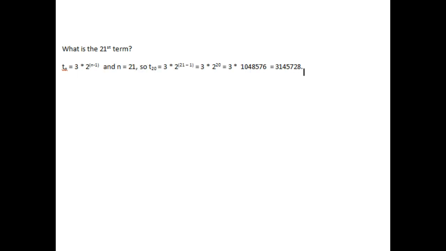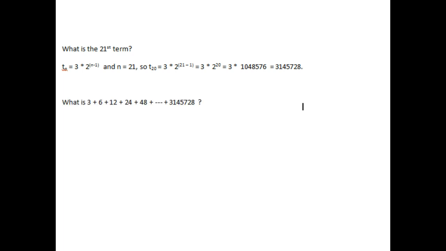Well, that being the case, when n is 21, t sub 21 is 3 times 2 raised to the 21 minus 1, or 3 times 2 raised to the 20th, which is 3 times 1,048,576, which comes out to be 3,145,728. So that is the 21st term.